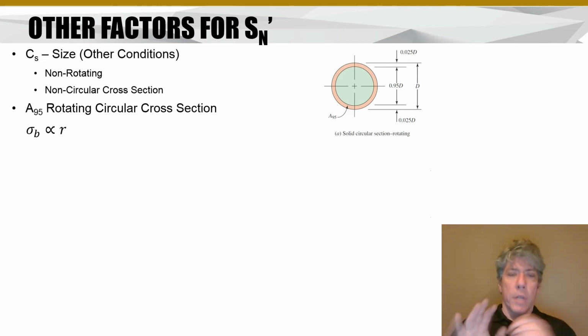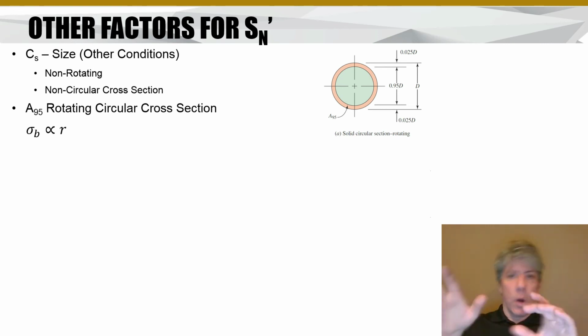Before we approach the non-rotating and the non-circular cross-sections, let's just think for a minute about the regular R.R. Moore test with the shaft rotating, and every point on the outside experiences stress and it's fully reversed. If you think about the stress in that cross-section, it's all a bending stress, right? And that bending stress increases as you move farther and farther from the center to the outer fibers, the upper and lower outer fibers.